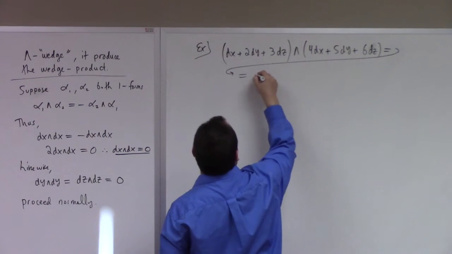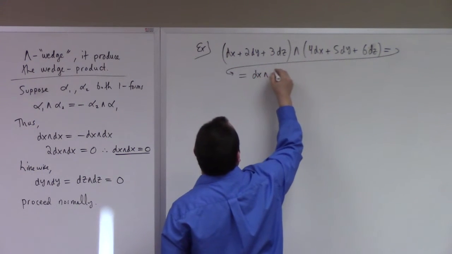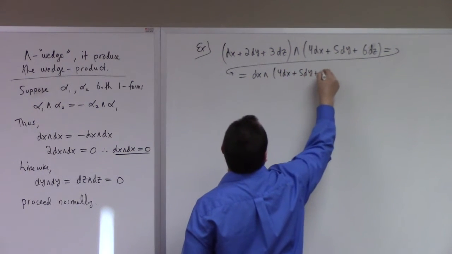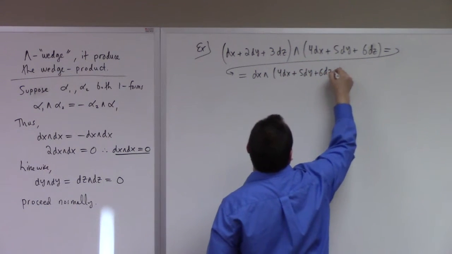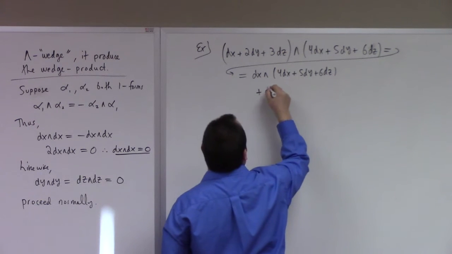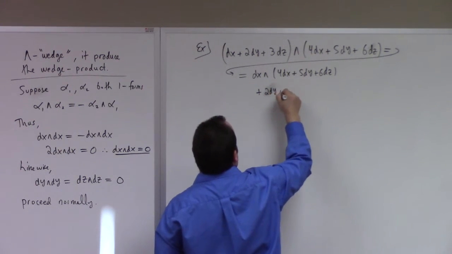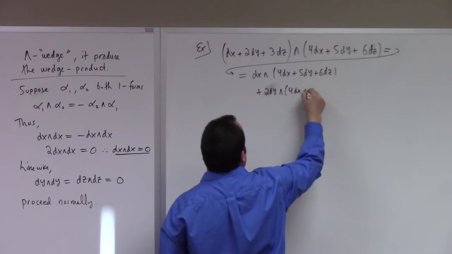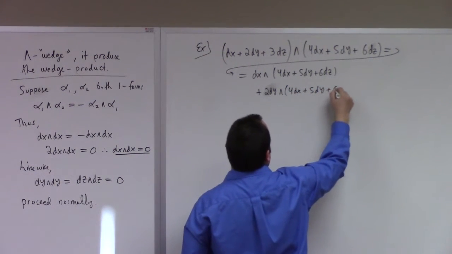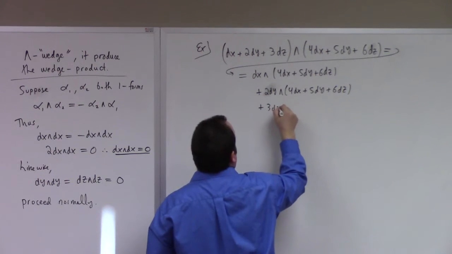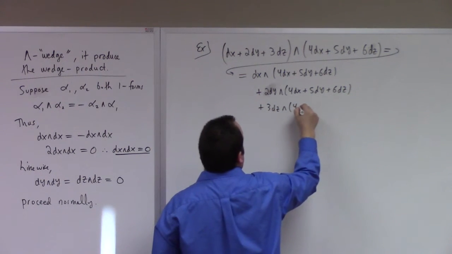You distribute, right? So I've got dx wedge (4 dx plus 5 dy plus 6 dz), plus 2 dy wedge (4 dx plus 5 dy plus 6 dz). I regret making so many terms non-trivial here. Plus 3 dz wedge this whole thing, right?